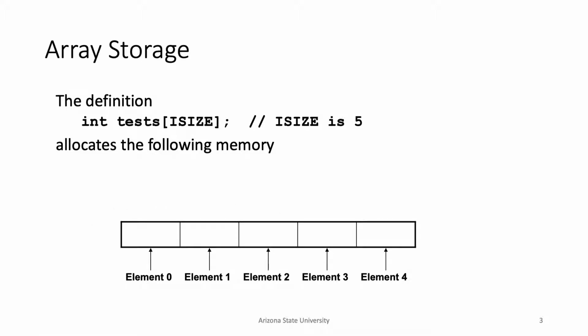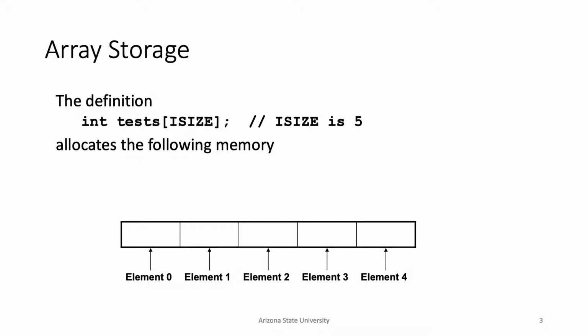We don't necessarily concern ourselves with how the 5 integers are stored in memory, but if you wanted to know, they're stored consecutively in memory. So, for example, if an integer is 32 bits, just as an example, then if I declare 5 integers here, that's going to be 160 consecutive bits of memory.